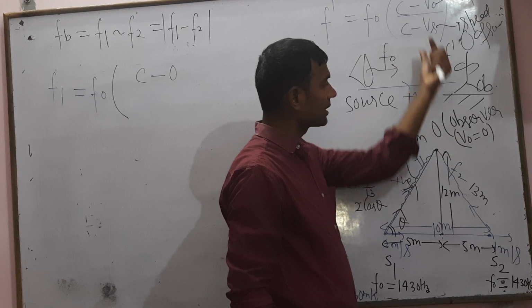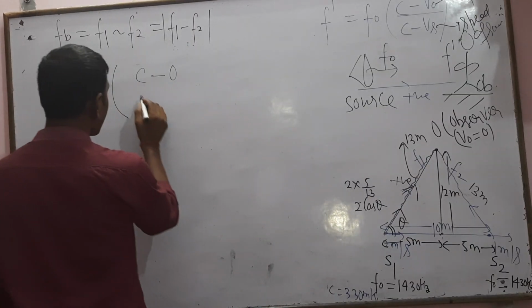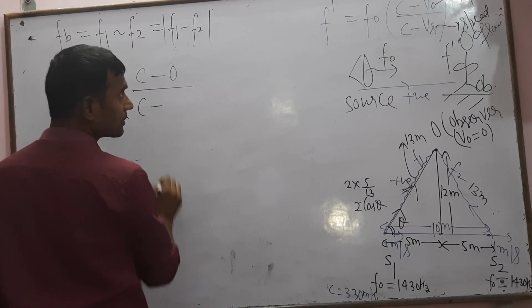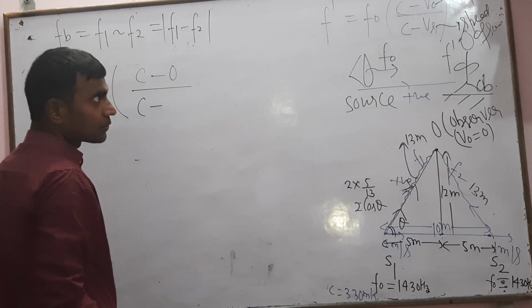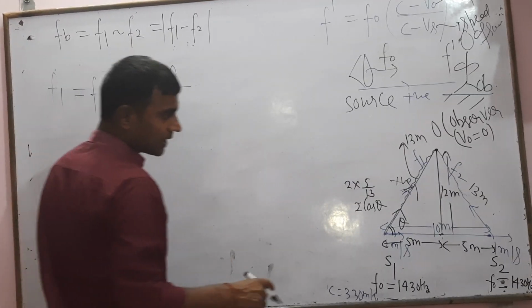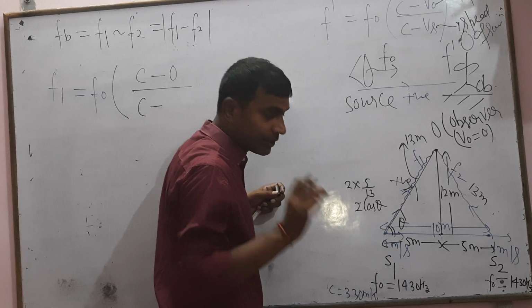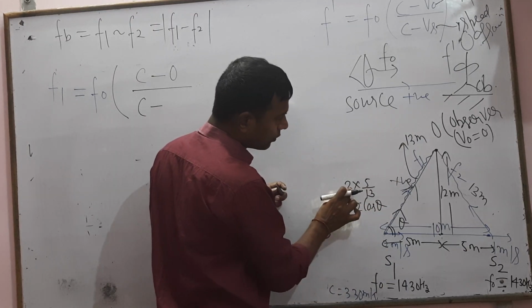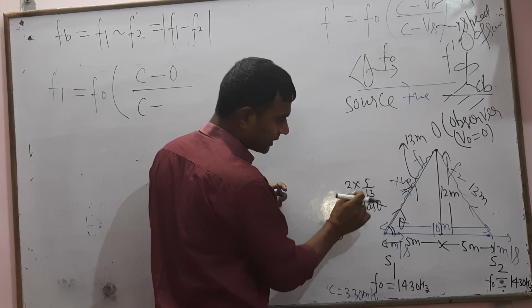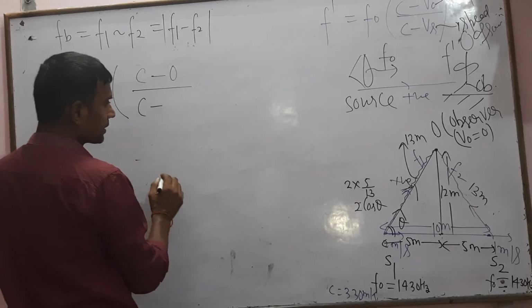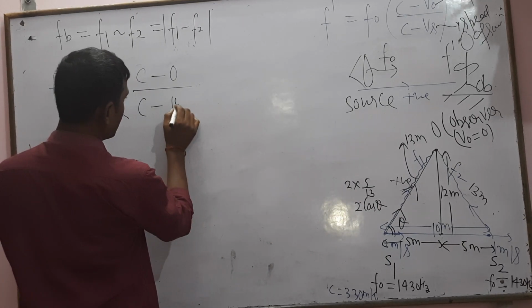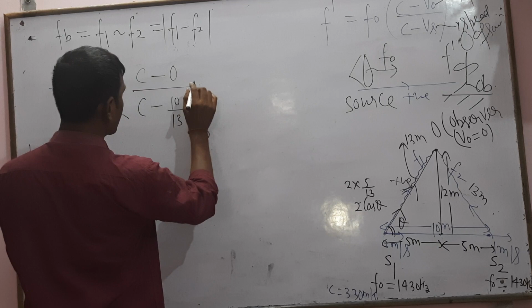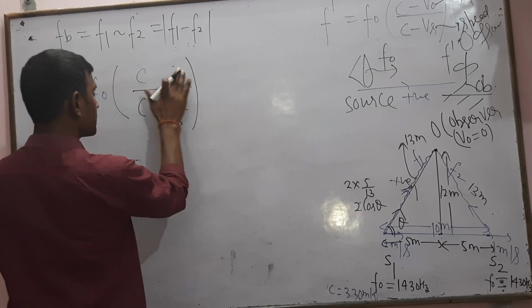The observer is at rest, which implies v naught equals 0, divided by c minus Vs. Vs means the source velocity, the component from source to observer, which will be equal to 2 into 5 divided by 13, so this will be 10 upon 13.